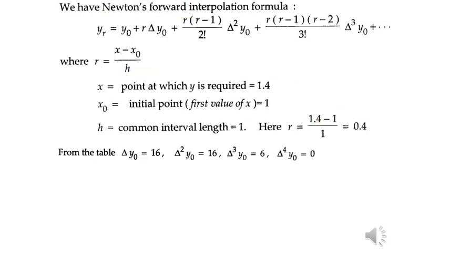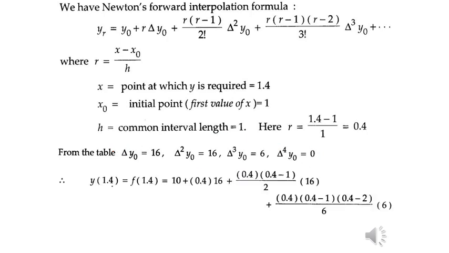From the table which we have constructed, the values of delta y naught, delta square y naught, delta cube y naught, and delta to the power 4 y naught are these, which can be seen easily from the difference table.